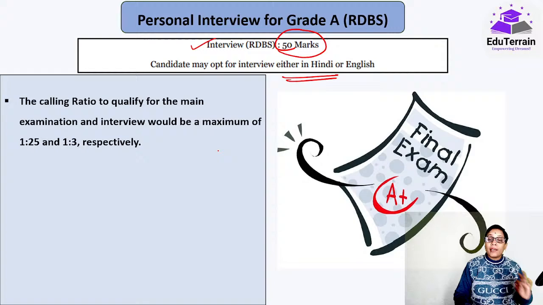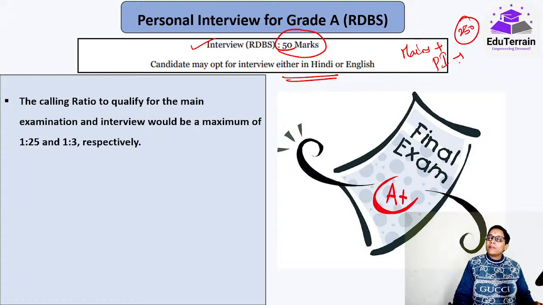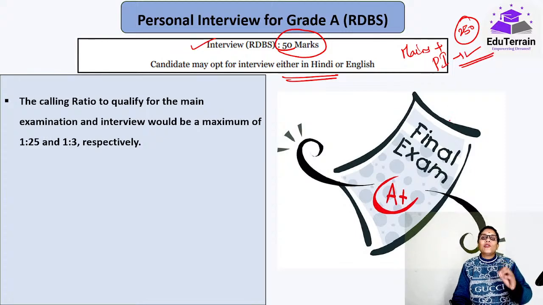Some important points, and as I've said, whatever marks you score in mains plus whatever marks you score in the personal interview, so total 250, based on this you will finally move to the final list.